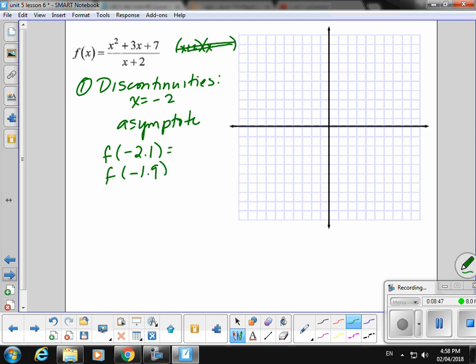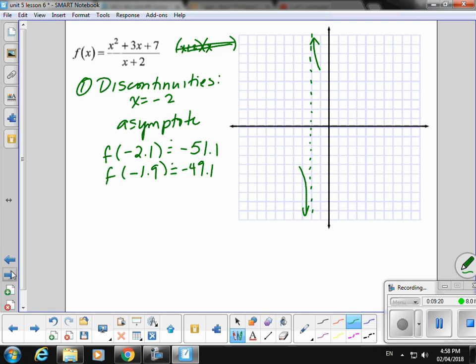A little to the left, I get a value about negative 51. And a little to the right, I get a value of negative 49.1. So for my asymptote at negative 2, as I approach from the left, I'm going down. As I approach from the right, I'm going up. And that's all I got so far.